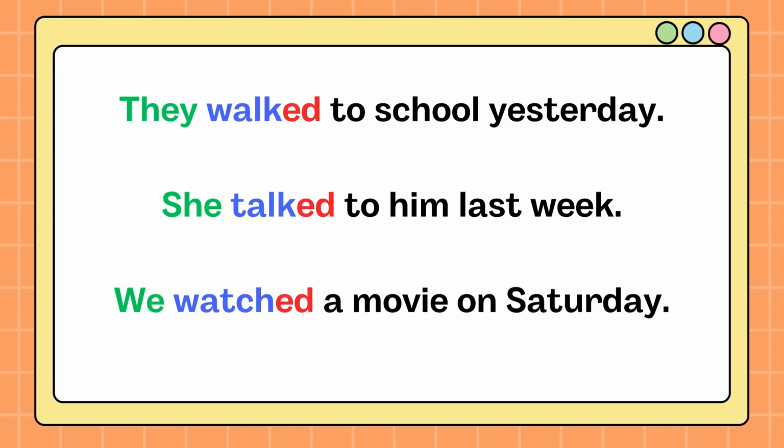They walked to school yesterday. She talked to him last week. We watched a movie on Saturday. You can see that the verb is the same if we use they, she, we, or any of the other subjects.